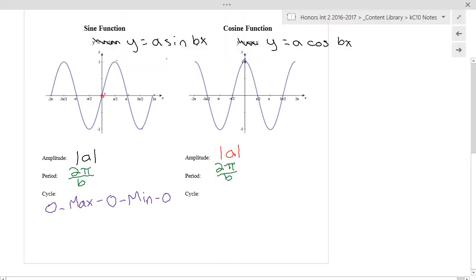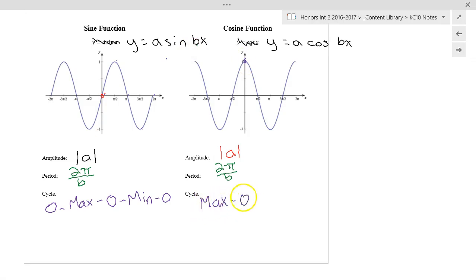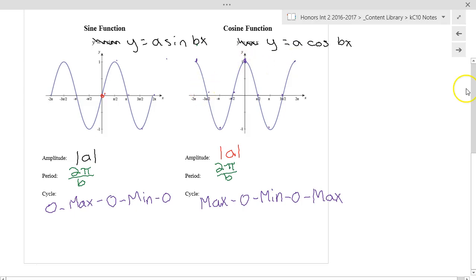If I look at the y-axis, now I am starting at a max. This one goes max, 0, min, 0, max, 0, min, 0, max. It just repeats that pattern forever. That's what makes it periodic.